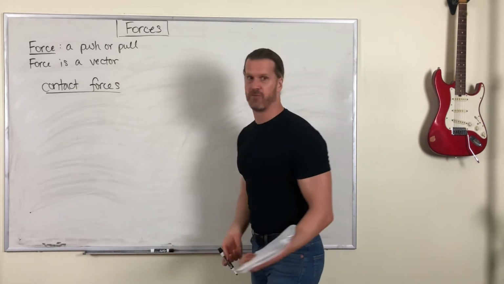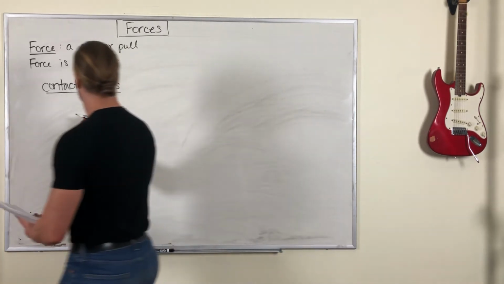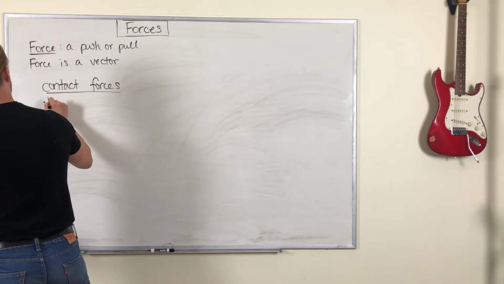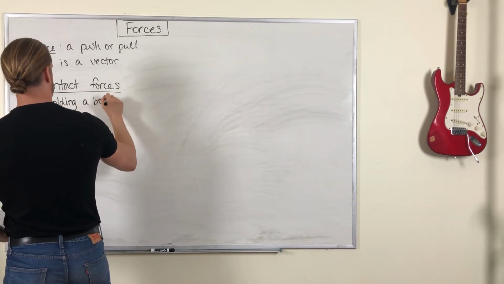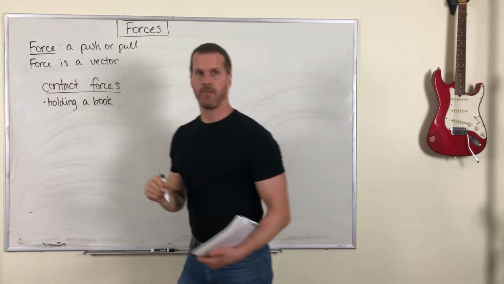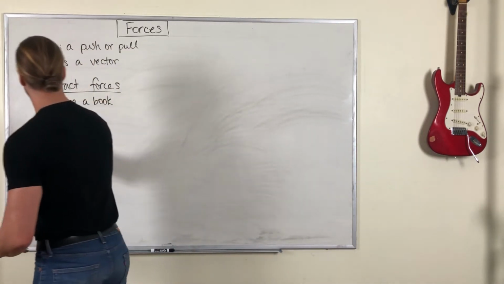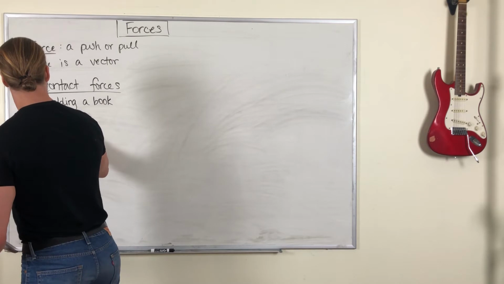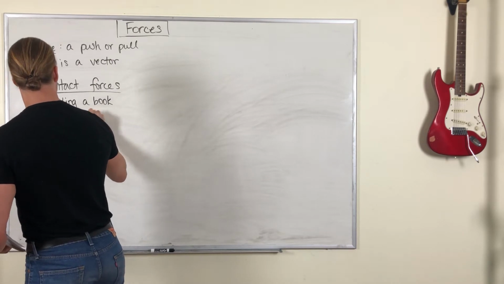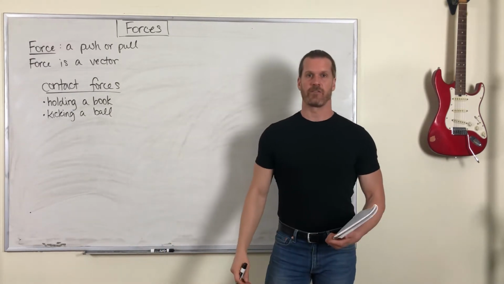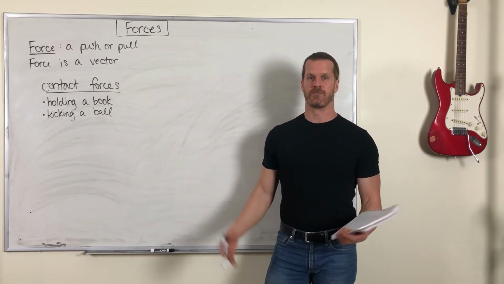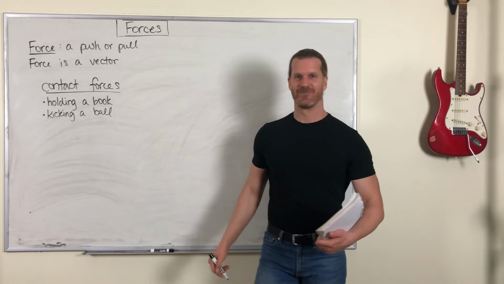So contact forces are when objects are directly touching. Examples could be holding a book, kicking a ball, there's contact force between your feet and the ground when you're standing.